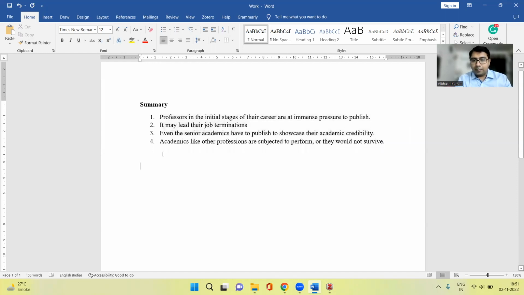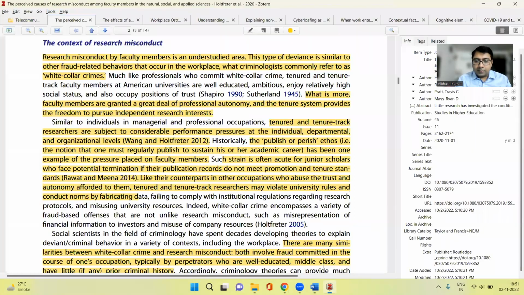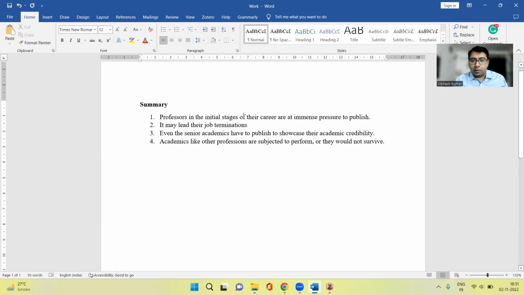That can be easily done. And if you see this part and the original piece, though they are talking about the same things, the words used here are very, very different. So it greatly negates the possibility of plagiarizing.